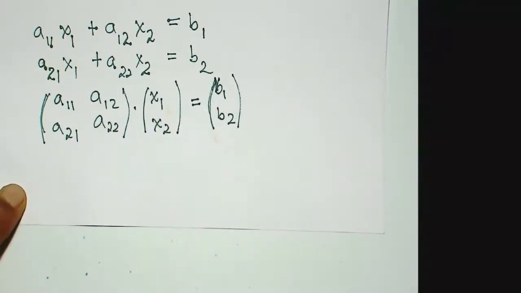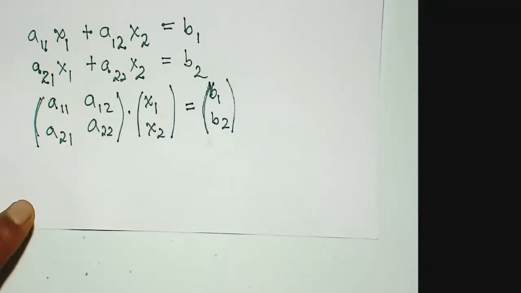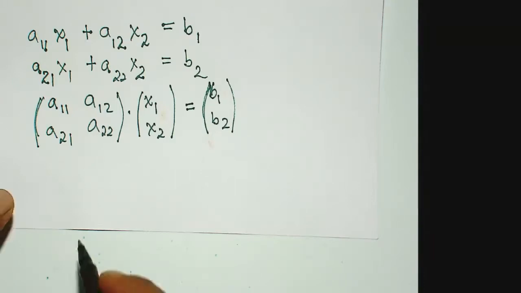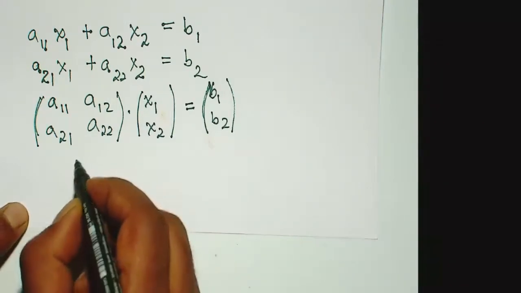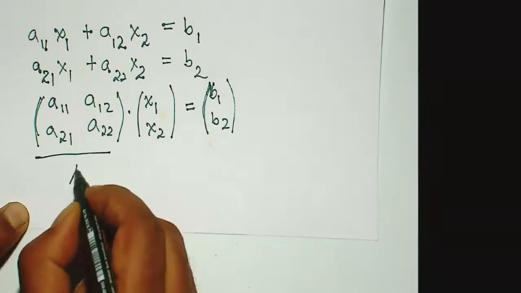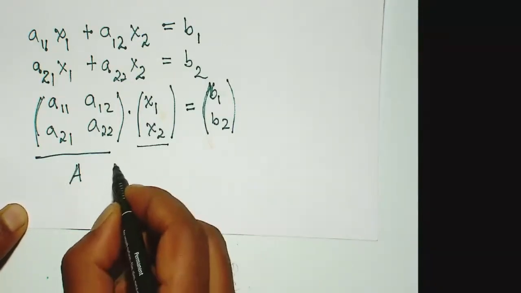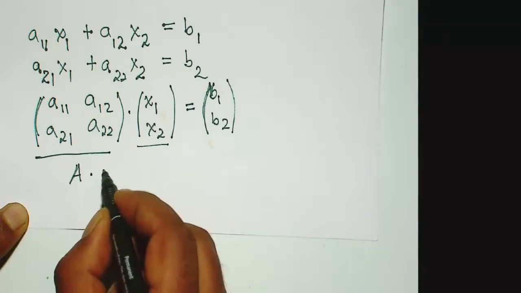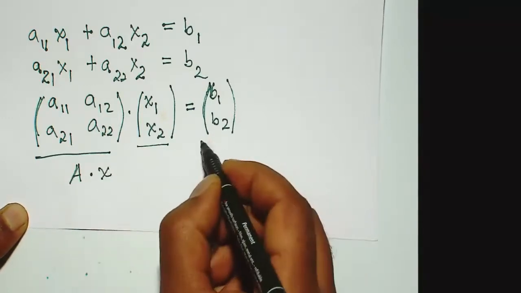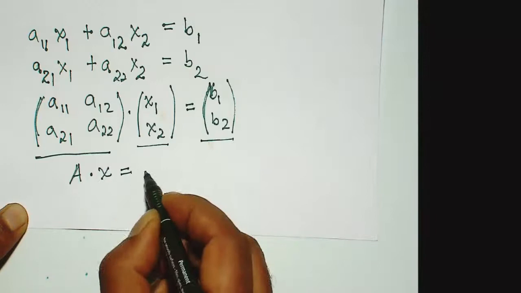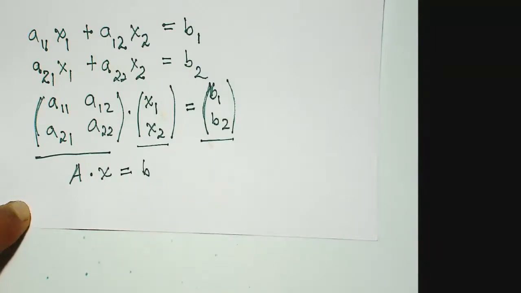So this linear algebra representation, or matrix representation, would help us to solve for x1 and x2 in a linear system of equations. We can consider this as a matrix called A, this as a matrix called X, and this as a matrix called B.